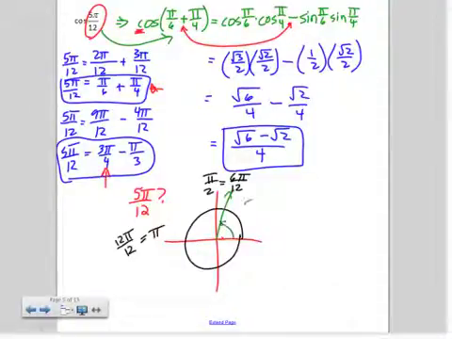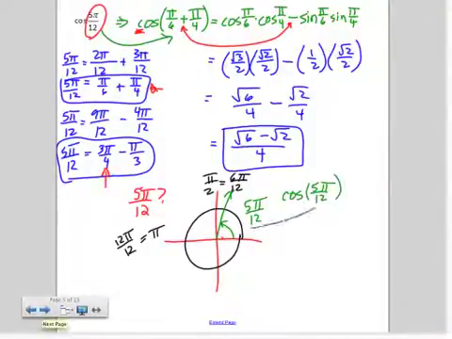So 5 pi over 12 should be in here somewhere, correct? Yep. Now, what do I know about an angle in quadrant 1? The cosine of 5 pi over 12, since that is in quadrant 1, should be positive. So now you're looking at that answer going, how do I know if that's positive? Well, is square root of 6 bigger than square root of 2? Of course it is.